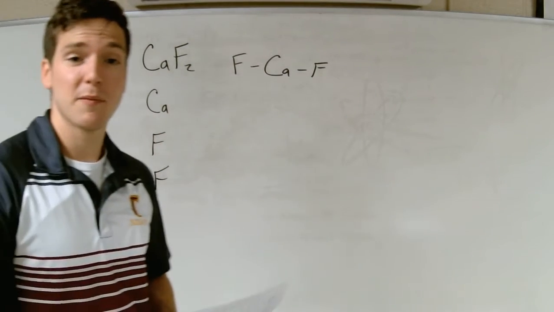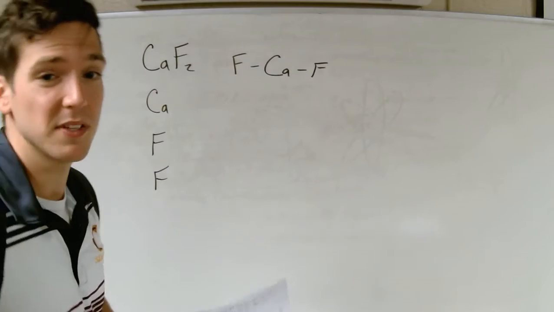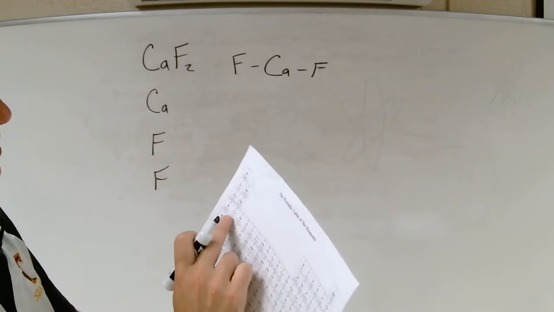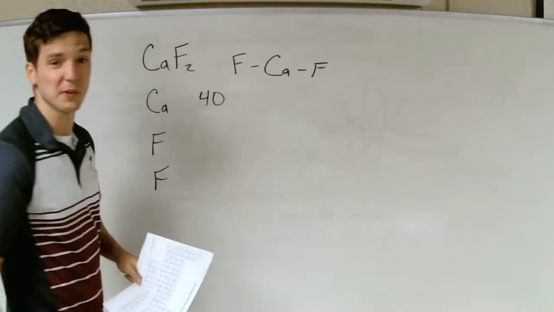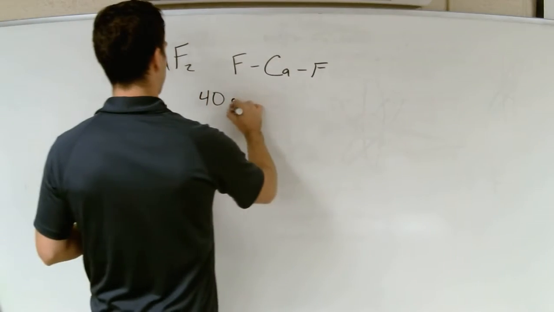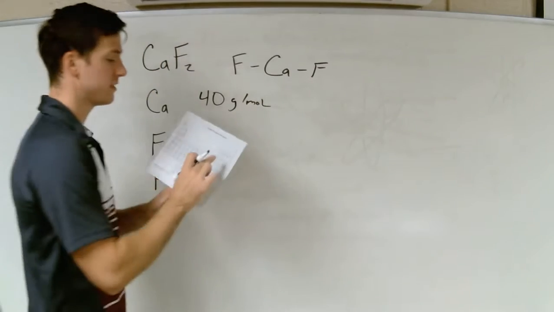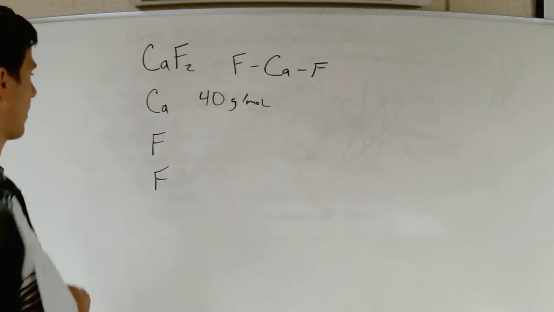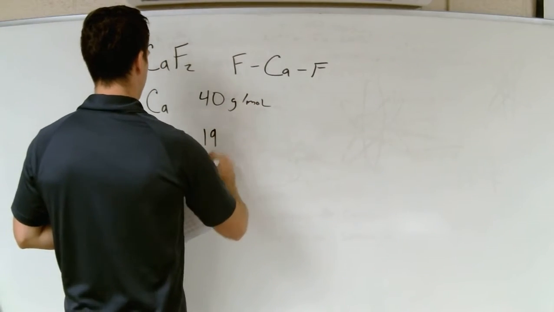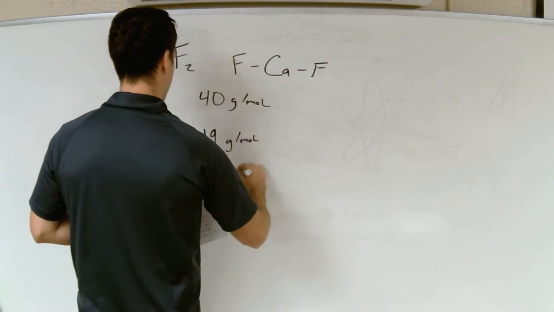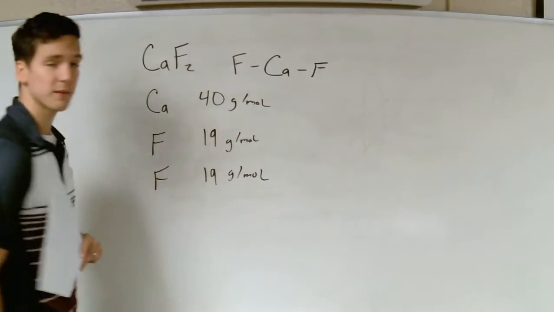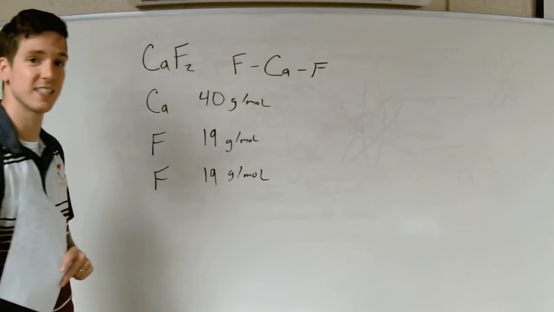And all I do now is go to the periodic table and add up these guys' molar mass. Calcium is 40, close enough to 40. We don't have to be real specific on these. Grams per mole. And fluorine is 19. So I'm going to add a 19 for each of these fluorines. Okay, so 40, 19, and 19.